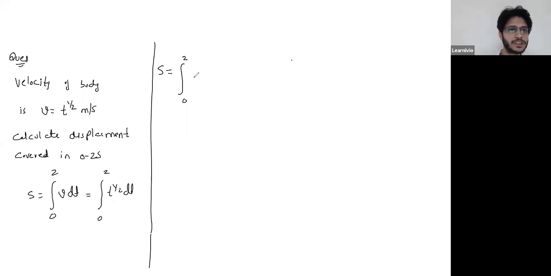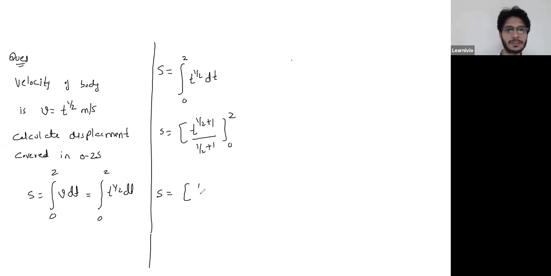So this is basically 0 to 2, t to the power half. The integral of t to the power half is t to the power half plus 1 divided by half plus 1, and the limit is from 0 to 2.